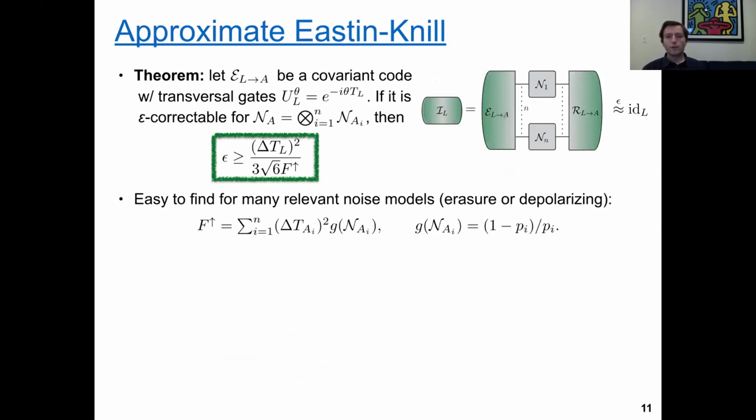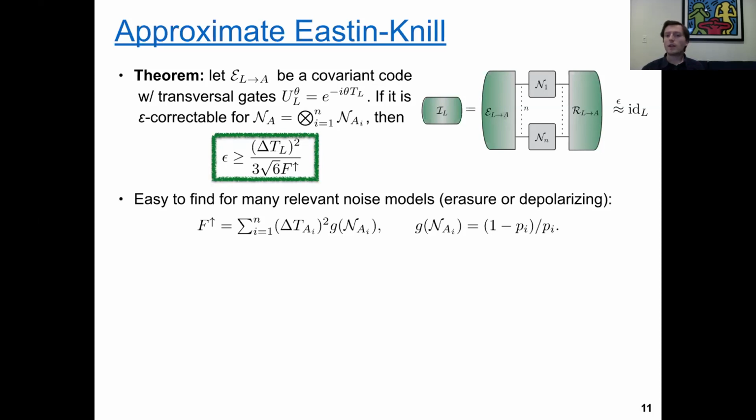For instance, for the independent erasure or the independent depolarizing noise, one can straightforwardly find it, and in those cases of the erasure or the depolarizing noise, f up will be the sum of the squared eigenvalue spreads of the local generators times some function of the noise.